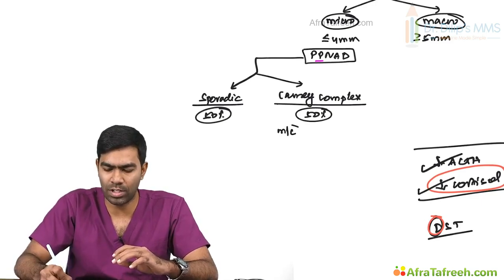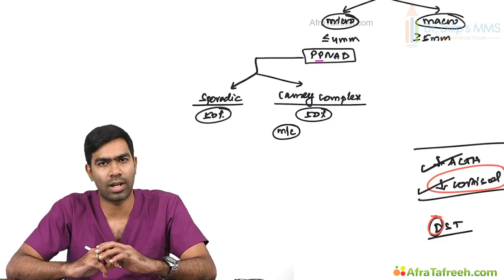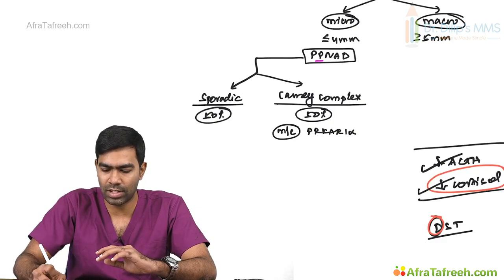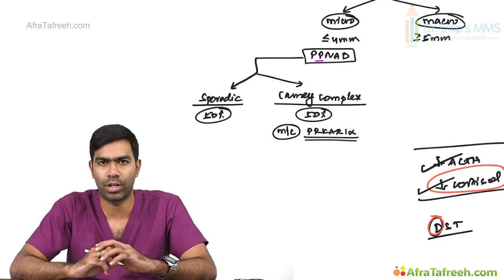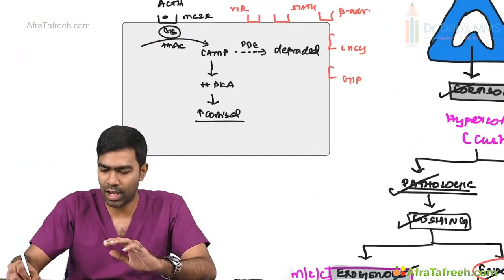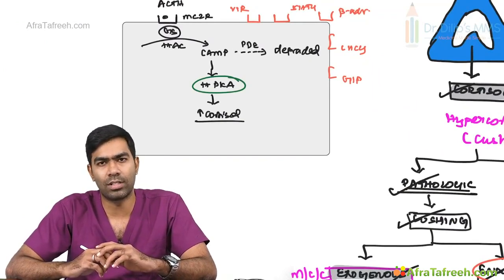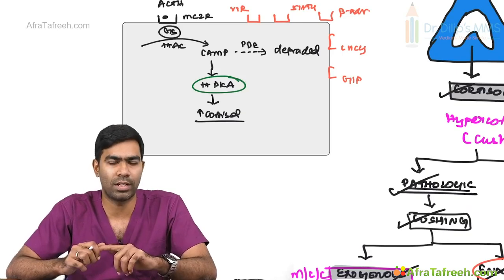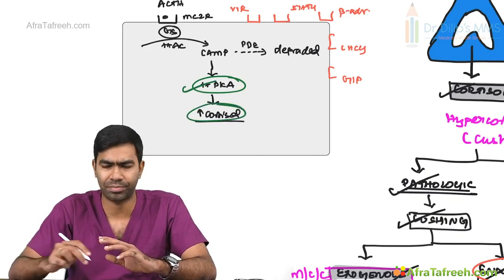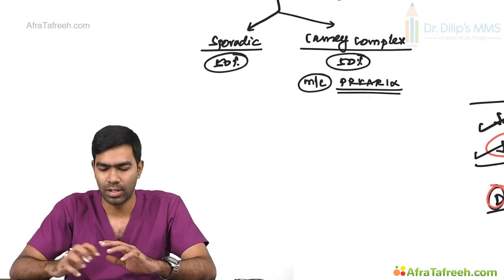Remember, the most common genetic mutation that produces Carney complex and this primary pigmented nodular adrenal disease is PRKAR1A, which is nothing but a protein kinase A subunit. So you can understand now through this diagram, whenever there are mutations in PRKAR1A, you might have excessive protein kinase A activity. Because of that, you might have excessive cortisol. It's understandable. That's what happens in Carney complex.